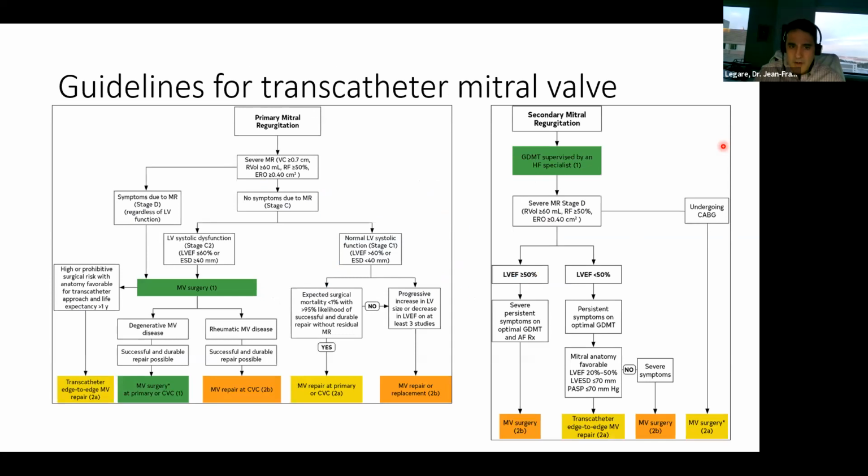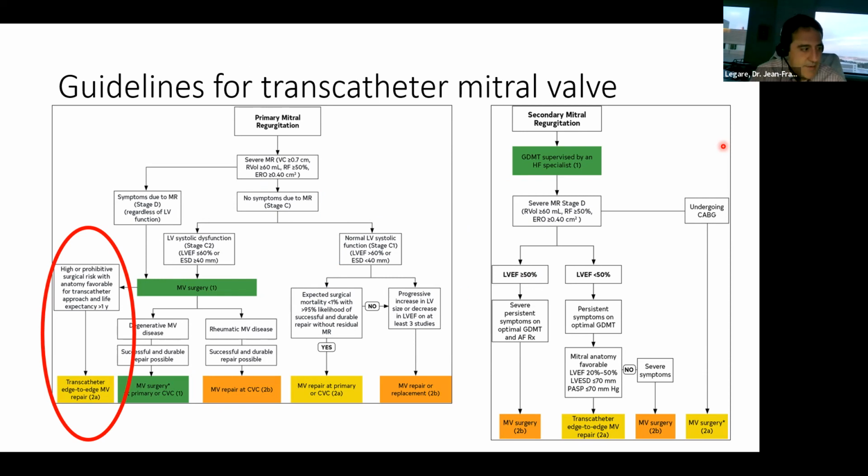So what are the current guidelines for primary and for secondary mitral insufficiency? The current guidelines essentially in primary MR are patients in whom one thinks that the risk of mortality or surgical risk is high, as long as one believes that the life expectancy in that patient is reasonable.